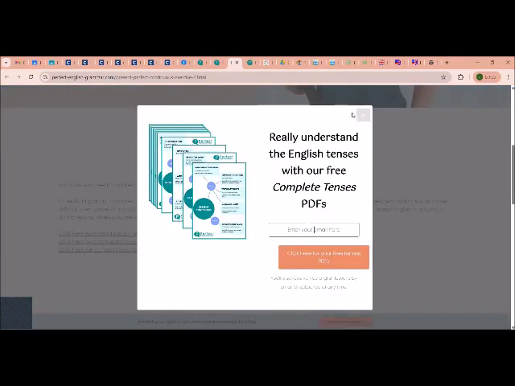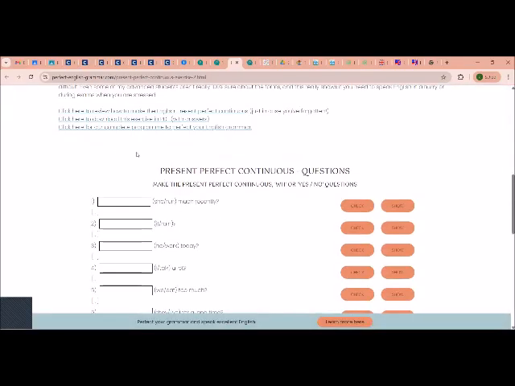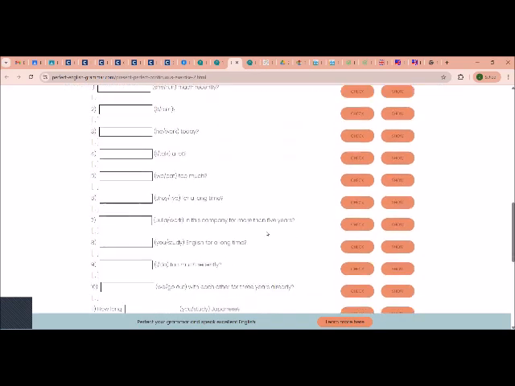So, first things first. How do I make questions? Now, with present perfect, since we're using have or has, those will start the question. Now, if there is a question word, we put the question word first.